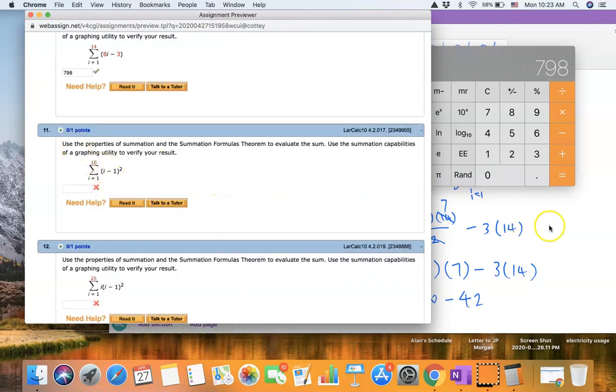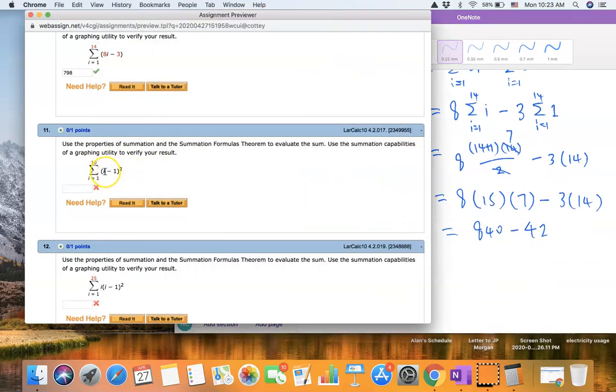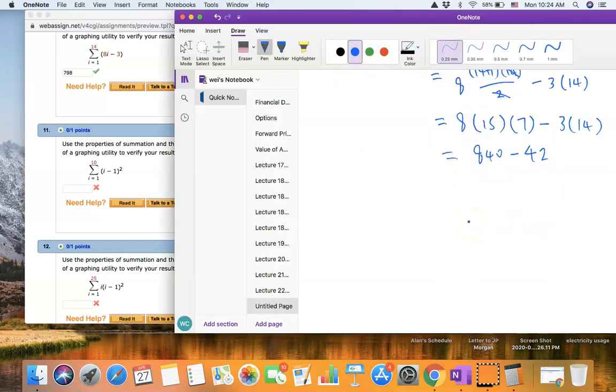For number 11, well, first we're going to factor i minus 1 squared. We're going to multiply out what is i minus 1 squared. Because i minus 1 squared, when we write this into a polynomial, that is i squared minus 2i plus 1.